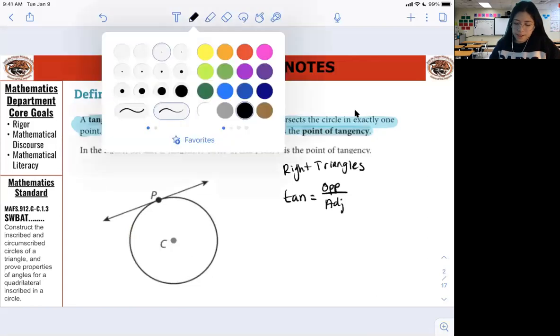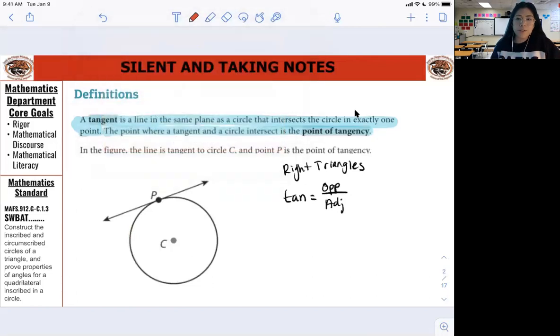So when I say tangent in this unit of circles, we are not talking about that. It's the same word, I know, but that is not what we're referring to. When I'm talking about circles, the tangent is the line that touches the circle at one point. So we would call this a tangent line.